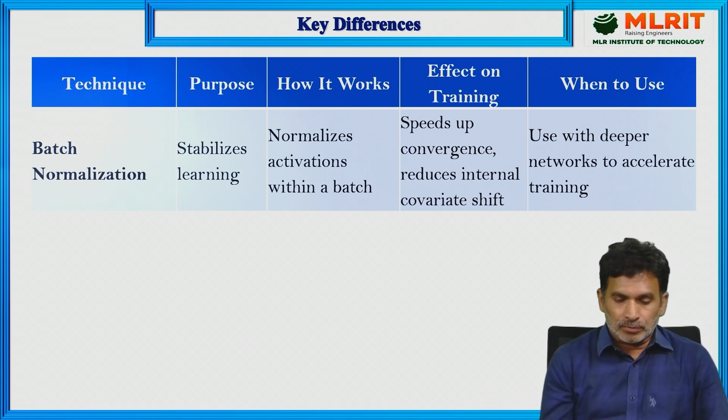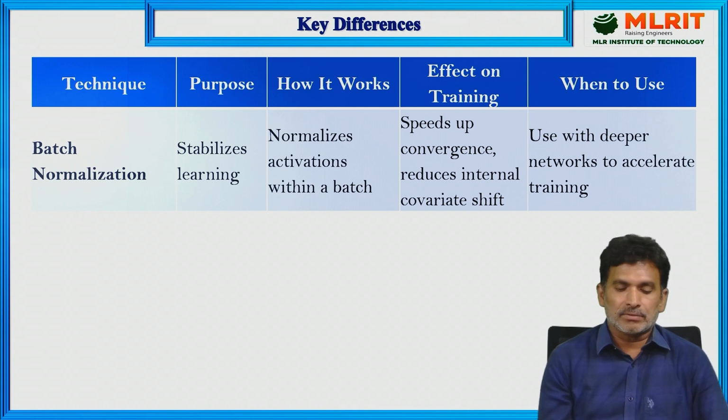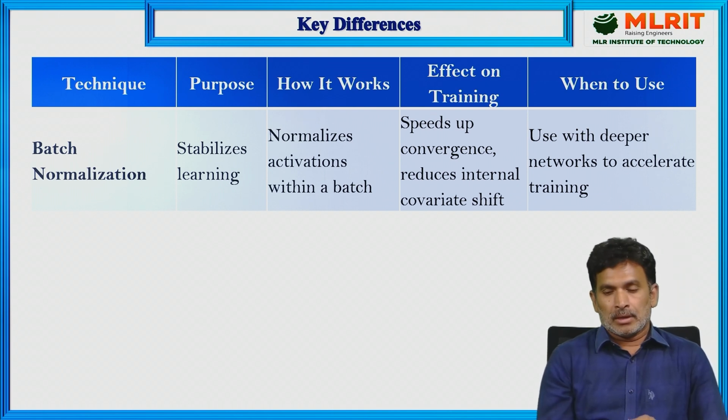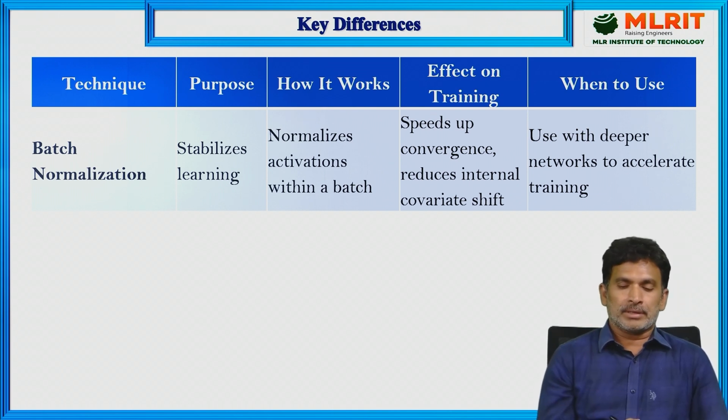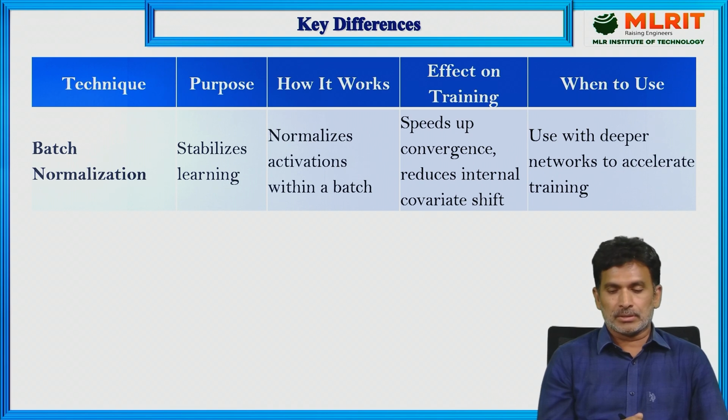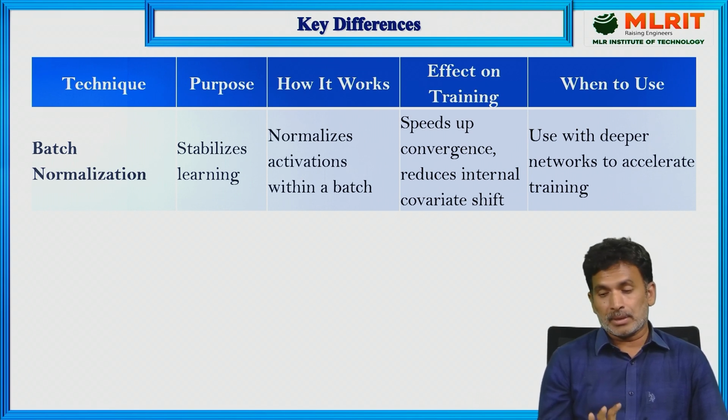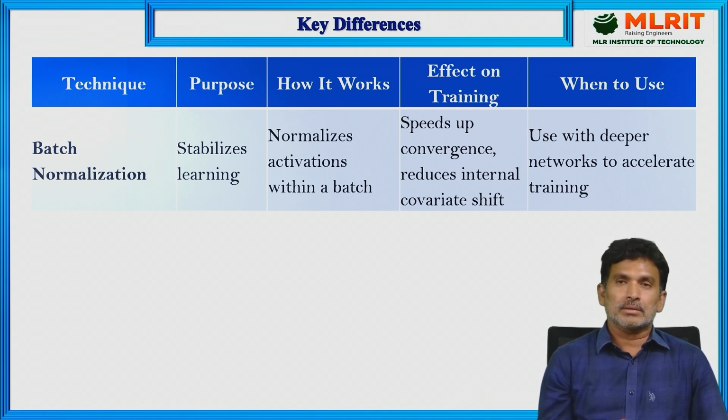How it works: it normalizes the activations within the batch. The effect on training: it speeds up the convergence and reduces internal covariate shift. And it is recommended with deeper networks to accelerate the training.